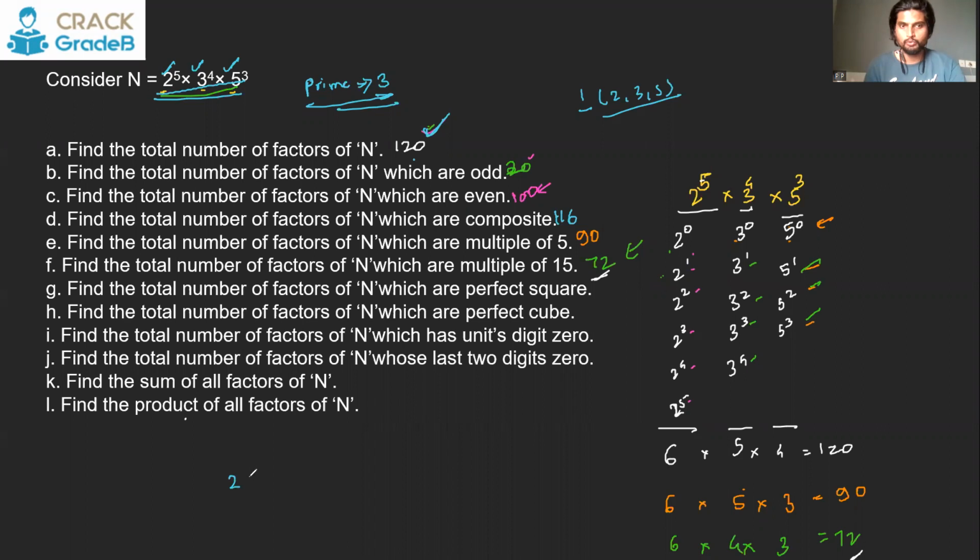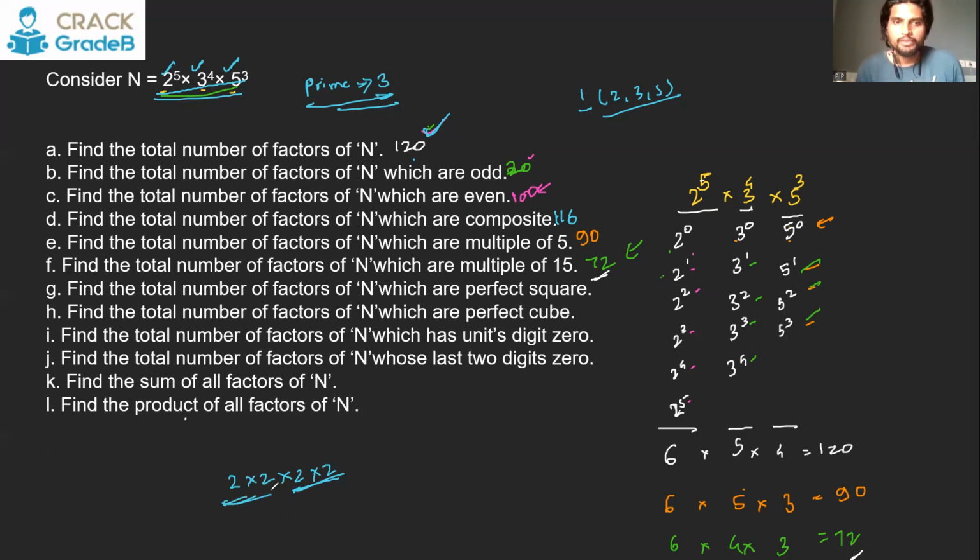That means if I say 2, is it a square number? No. If I say 2 into 2, is it a square number? Yes. If I say 2 into 2 into 2, is it a square number? No. Because these 2 and 2 will make a pair, but this 2 doesn't have a partner. So it can't be a perfect square. If I say 2 into 2 into 2 into 2, then it becomes perfect square. 16 is a perfect square because it has proper pairs of prime factors.